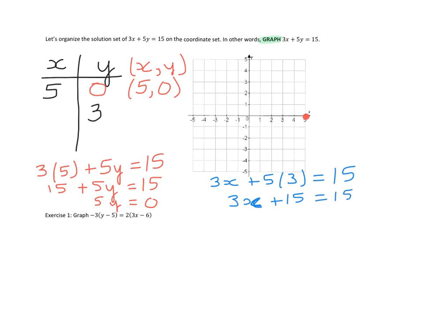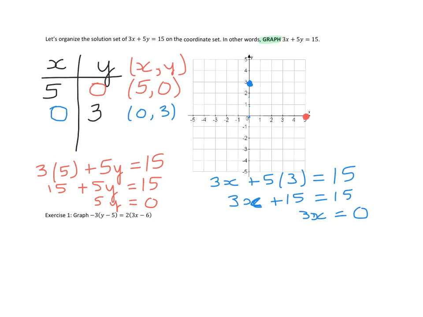So you subtract the 15. 3x equals 0 after we subtract 15 from both sides. 3 times what is 0? 3 times 0 is 0. So that tells us x is 0 in this case. So we have our new ordered pair 0, 3. So x equals 0, we're not moving left or right, but y is 3, so we're going to go up 3. So there's your other point.